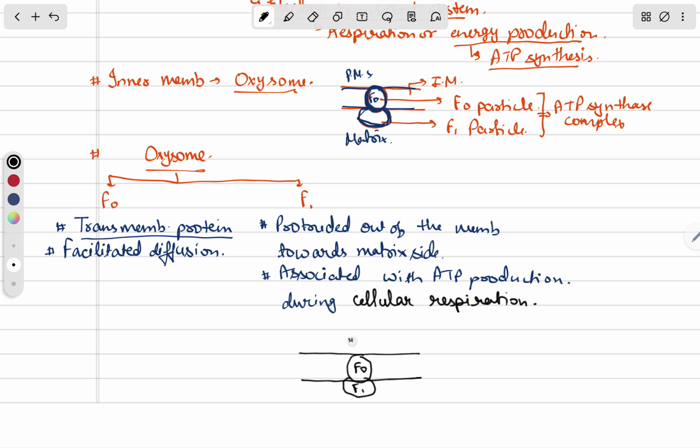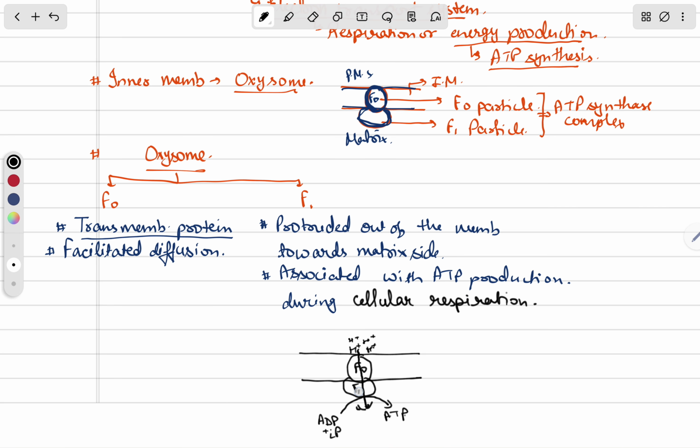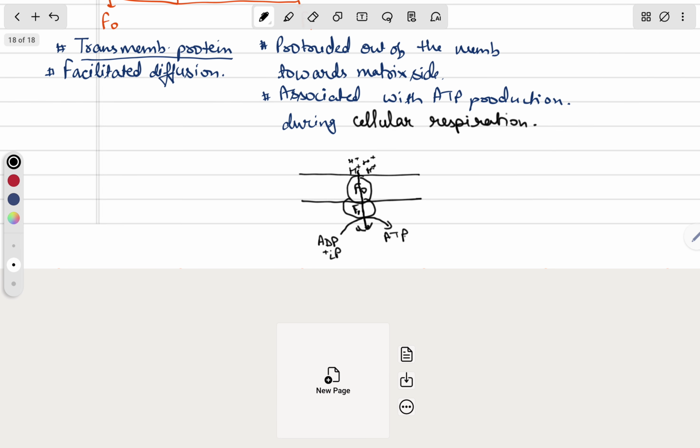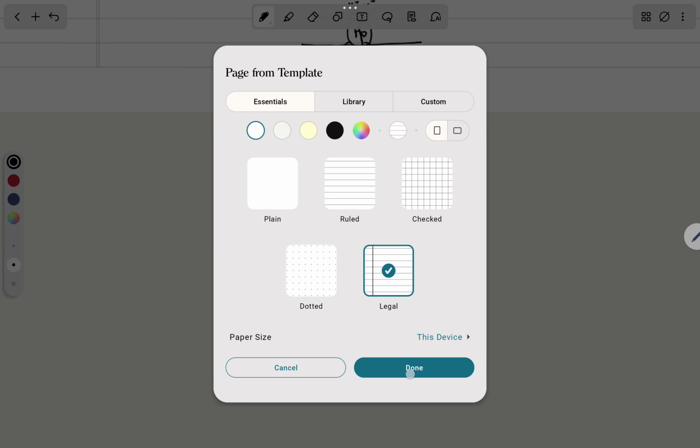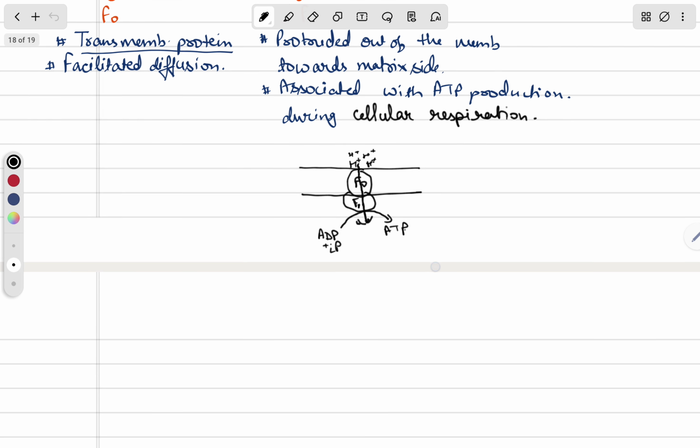Suppose the H plus ion concentration is more toward the perimitochondrial space. So H plus ions will move from higher concentration to lower concentration. And by the movement of these H plus ions, a molecule of ATP is synthesized. That is how the F1 particle is responsible for synthesis of ATP molecules. Right? So that is the function of the F1 particle.